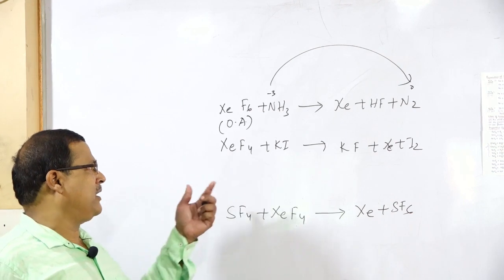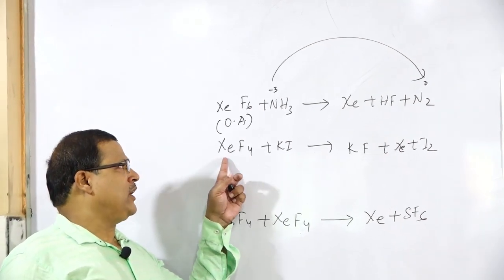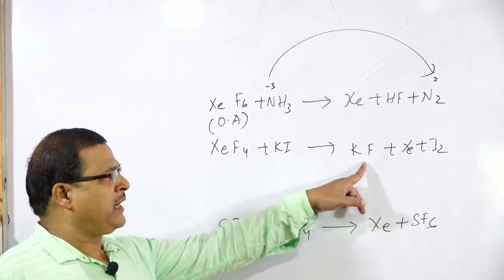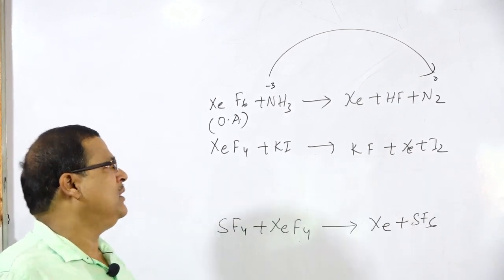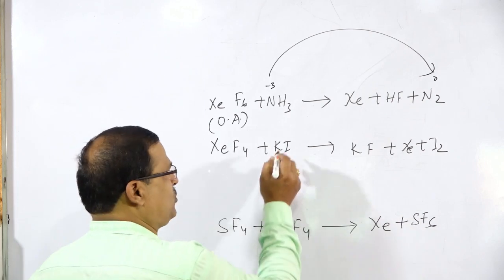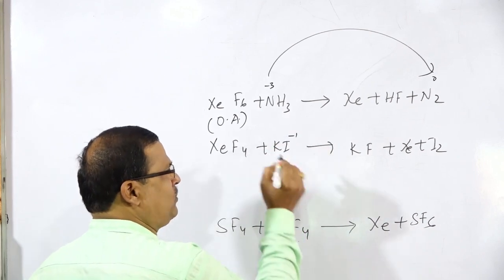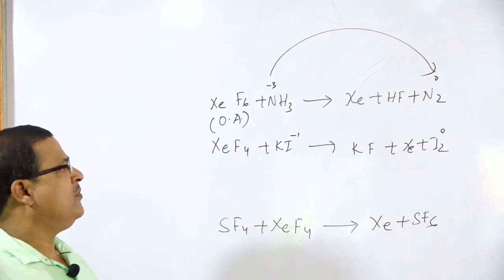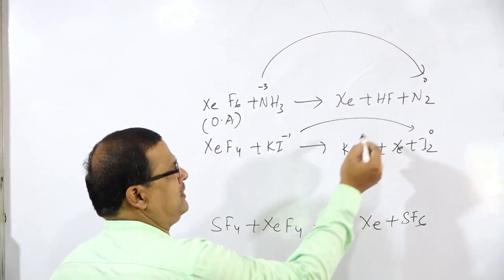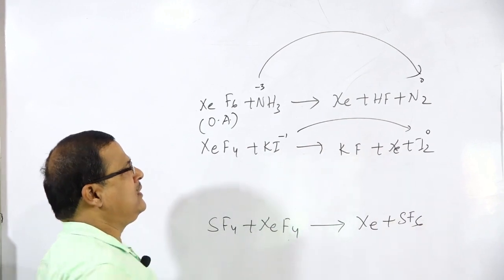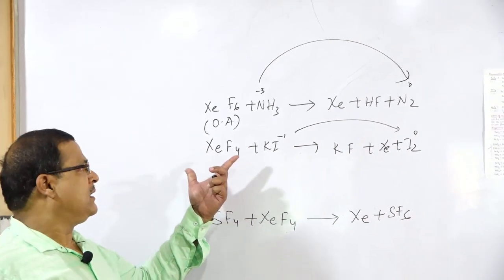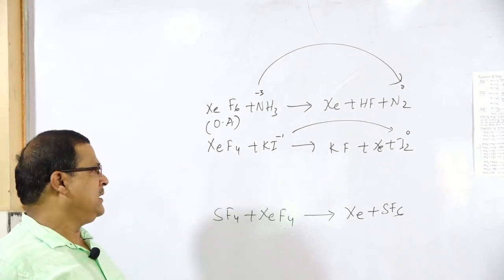In a similar manner, xenon tetrafluoride reacts with KI to form KF, Xe and I2. In this case also, iodine changes from -1 to 0. There is an increase in oxidation number, therefore xenon tetrafluoride again acts as the oxidizing agent.